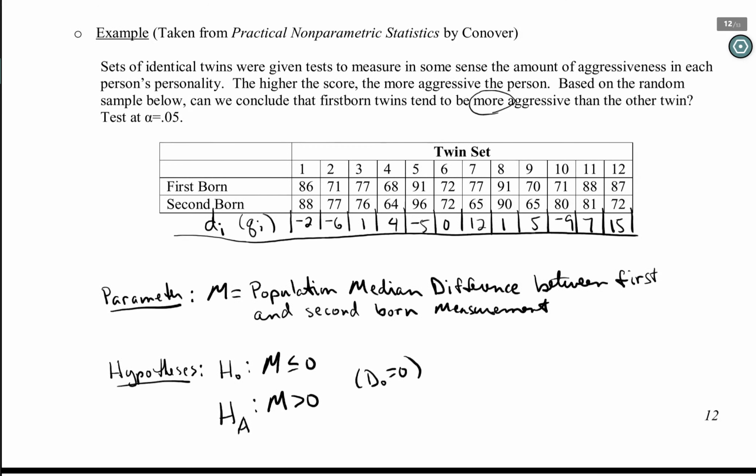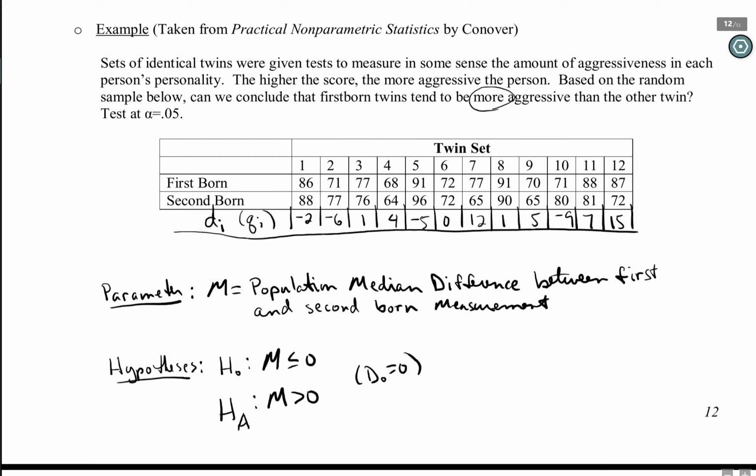And so let's go ahead and make a row for the absolute value of Q here. Absolute value of Q is 2. Absolute value of negative 6 is 6. Absolute value of 1 is 1. 4, 5. Here I'm not interested in that 0, I'm tossing that.